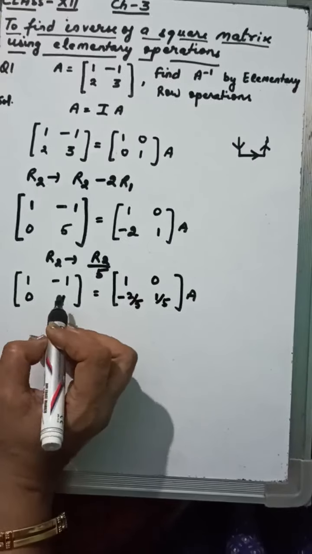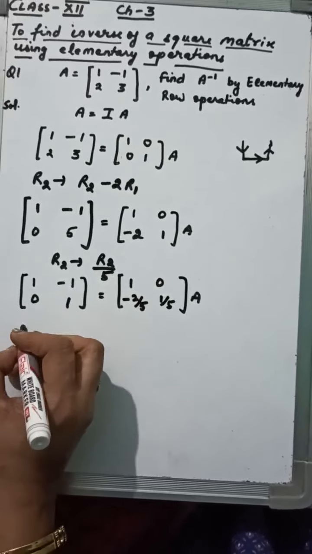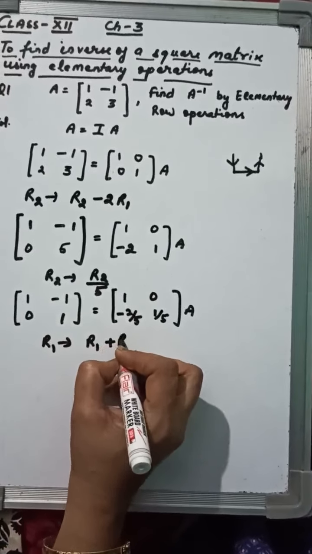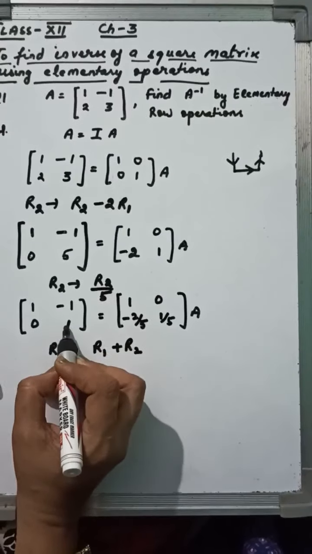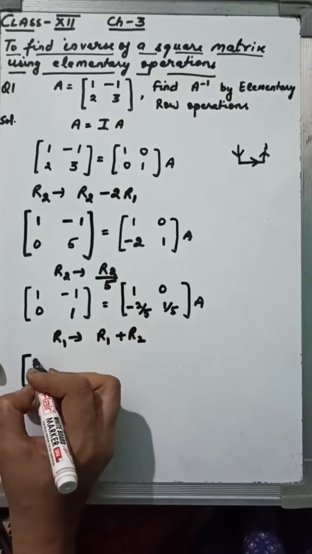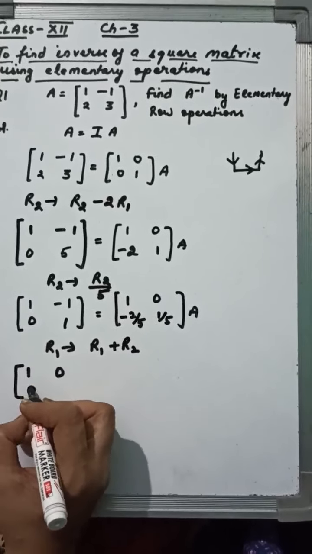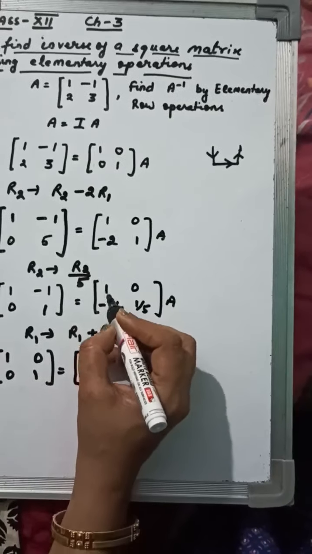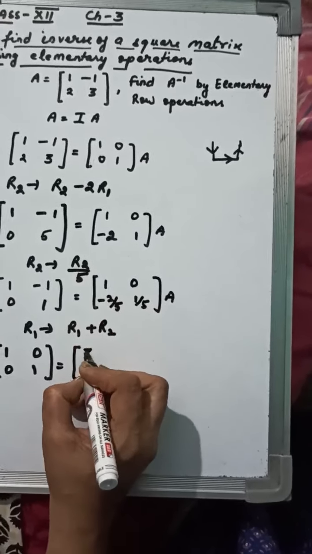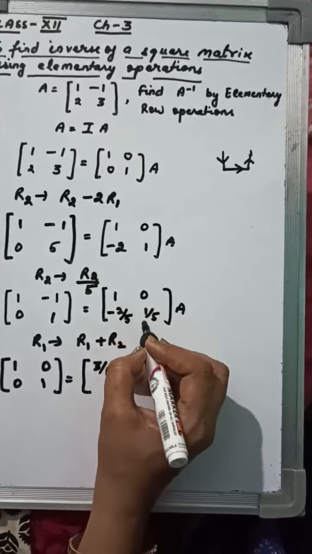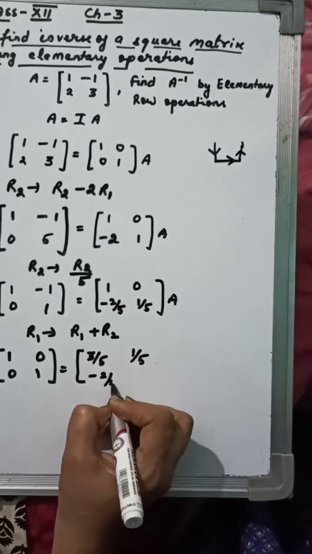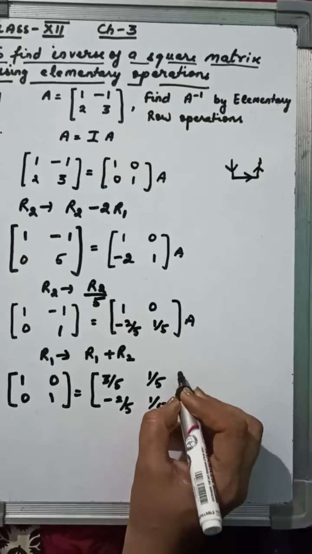Now our last step is we want to make this element 0. So apply in R1, R1 plus R2, minus 1 plus 1 is 0. Now the same operation we will apply on this side, 1 minus 2 by 5 is 3 by 5, 0 plus 1 by 5 is 1 by 5, second row remains as it is.